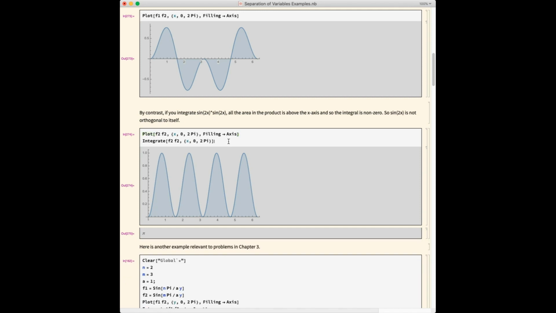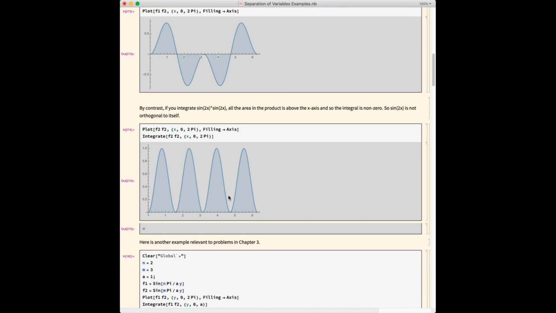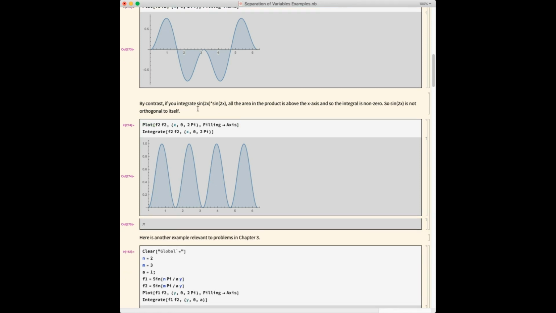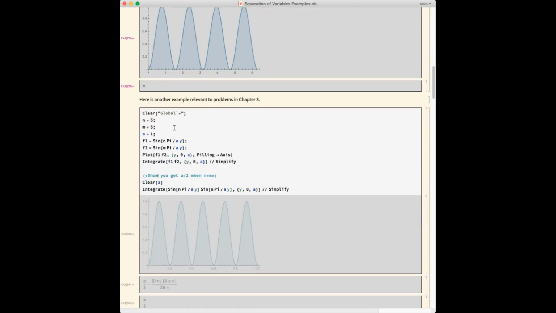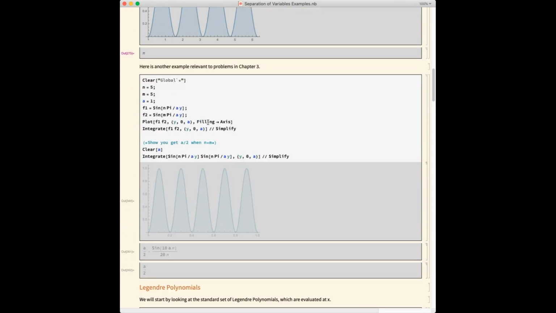So now if I take the integral of the function with itself, the sum is not 0. Okay, and in fact down here I can solve this problem to be more specific, like what we're doing in the lecture. So now I've got the functions equal to the sine of n pi divided by a times y. I've just set a to some dummy value.